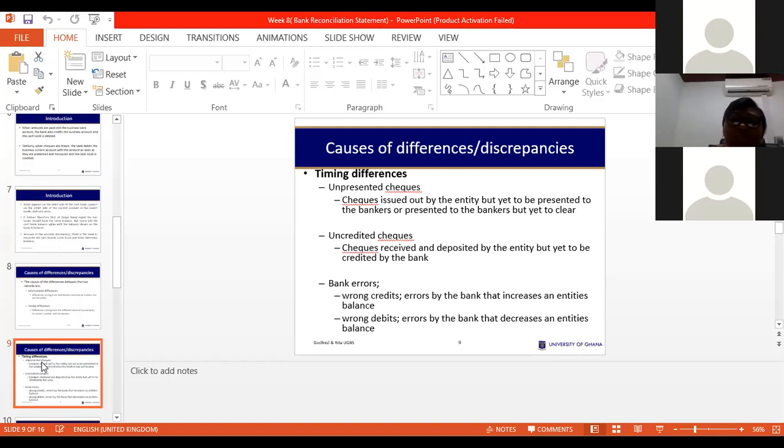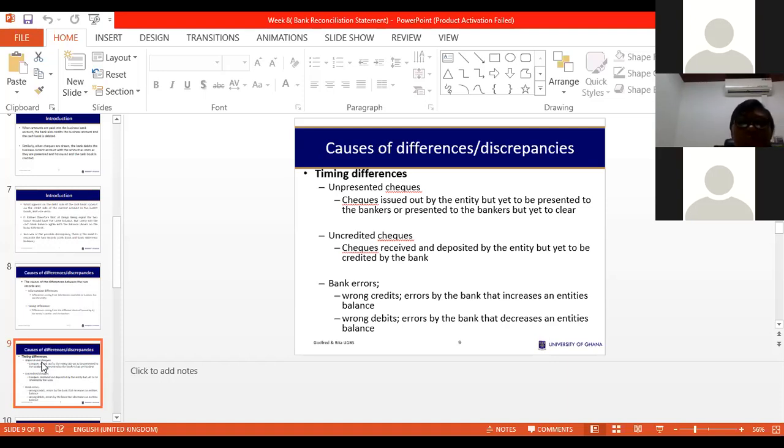So it would be identified as unpresented. Even though Susie may have presented it, because they are different banks and it has to go through the clearing system to make sure that UGBS has money, that check has not been cleared or paid. So it is a timing difference.